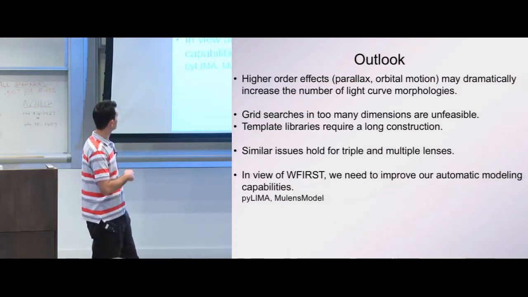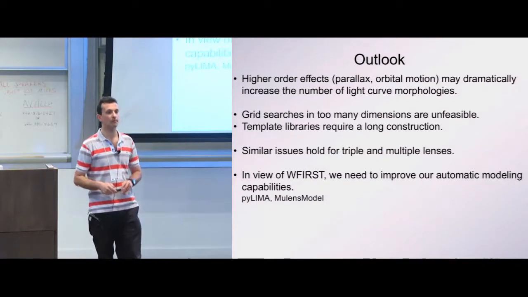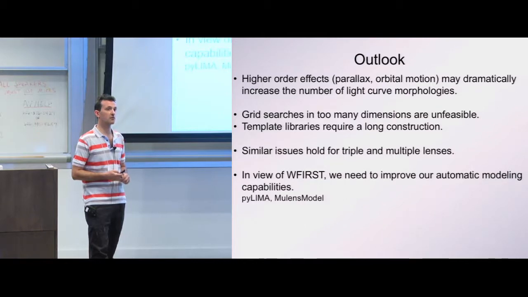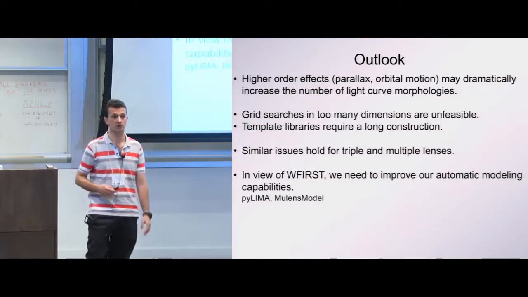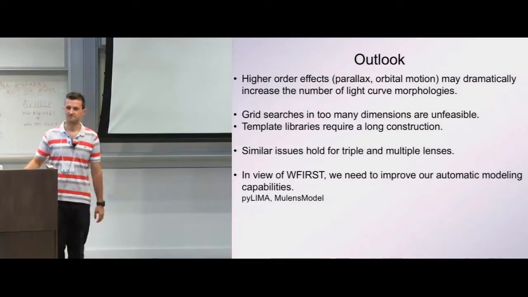That's why this software is being developed, PyLIMA and MuLens model, two different approaches to this problem. This software will be very important to provide tools to fit all this huge amount of light curves in an easy way. Okay, I think I can stop here.